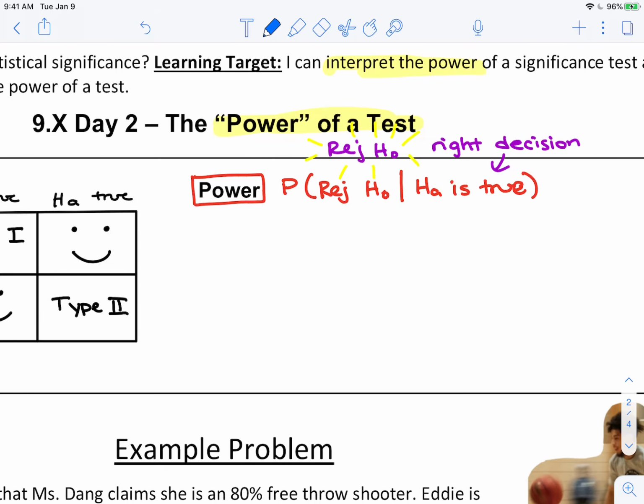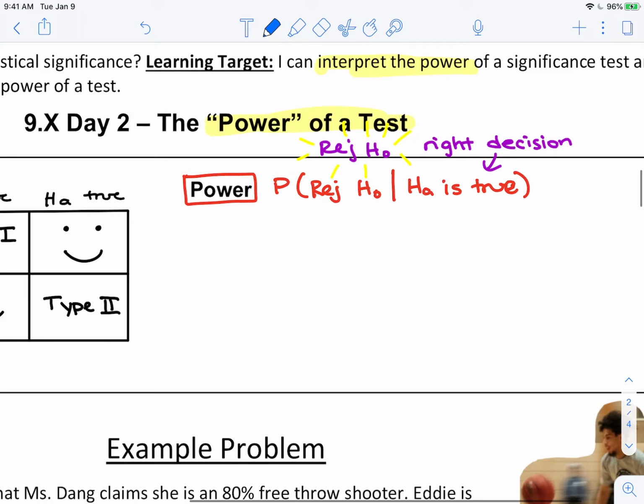So how do I interpret power? Power is usually given to us as a percentage between 1 and 100%. So I'm going to write it right here. If the Ha is true, and I'm going to write this in black.